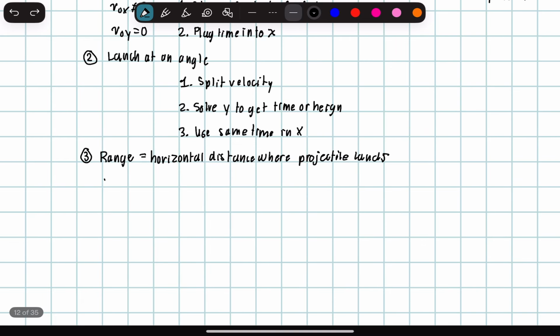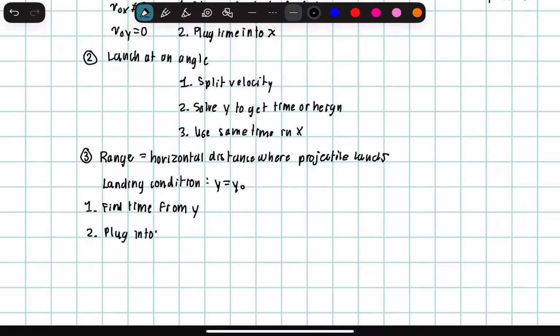And your landing condition is going to be y is equal to y initial, which means that your height is going to equal your initial height. And then you find your time from y, and then you plug it into x.